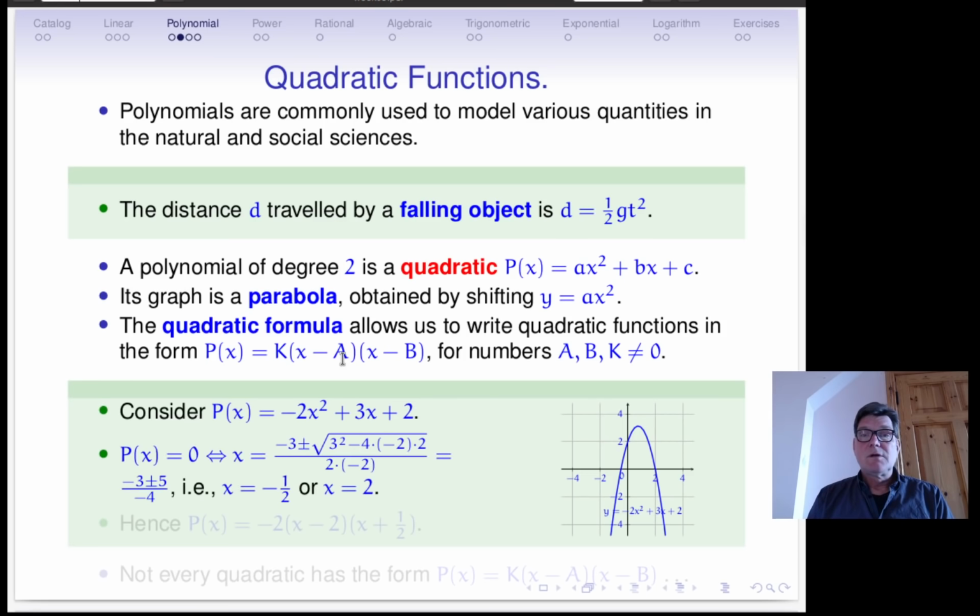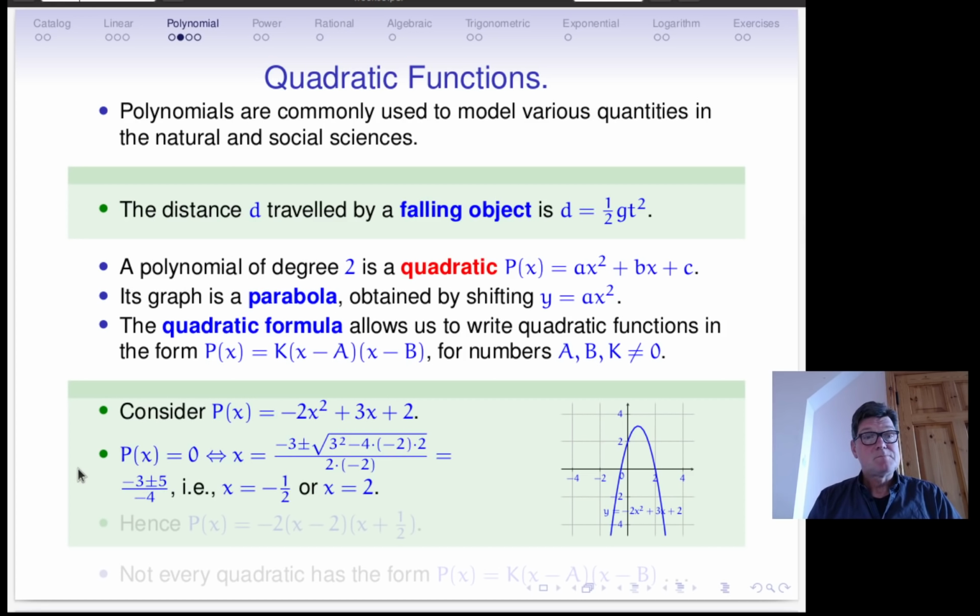The quadratic formula tells us that p of x evaluates to 0 if and only if x is minus 3 plus minus square root of 3 squared minus 4ac, that's minus 2 times 2, divided by 2a, that's 2 times minus 2. This simplifies, the square root is the square root of 25, so this simplifies to minus 3 plus minus 5 divided by minus 4, or evaluating the two possibilities, x is minus 1/2 or x equals 2. That's the two values of x which make p of x 0.